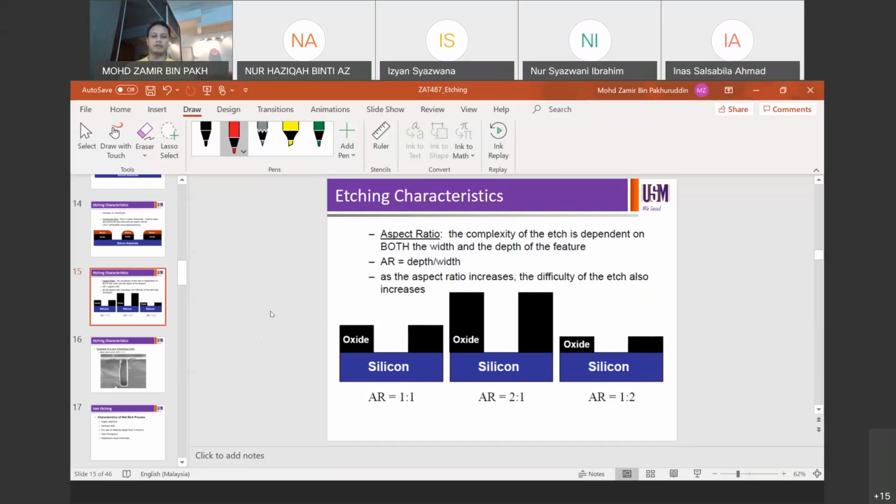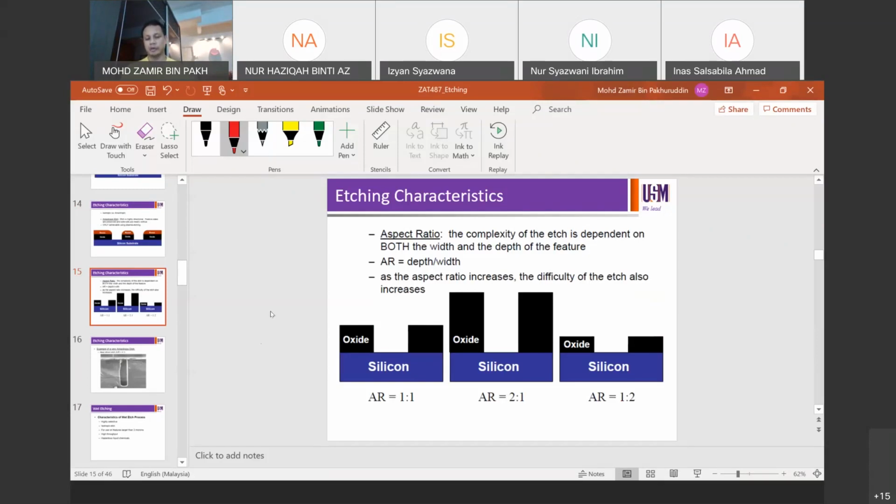On the other hand, if you look at the middle illustration, the height is higher than the width. So in this case, it's double of the width. So 2 over 1 is 2. So your aspect ratio is 2. Right? And on the rightmost diagram there, you can see that the height is about half of the width.